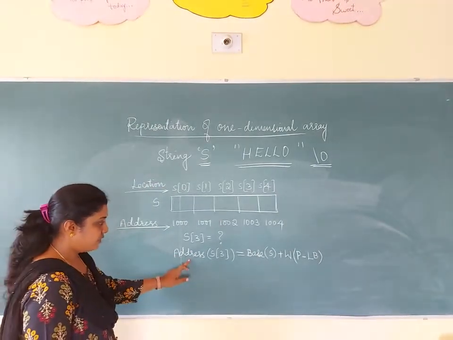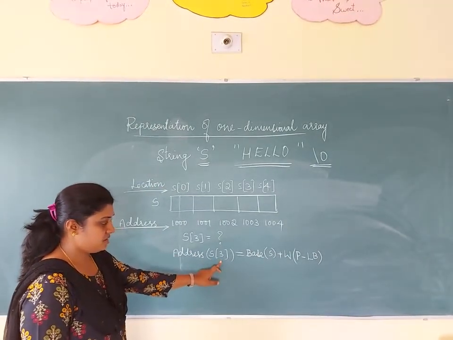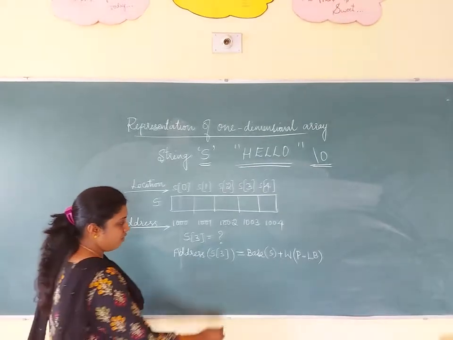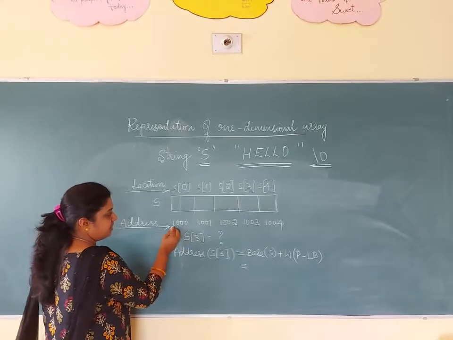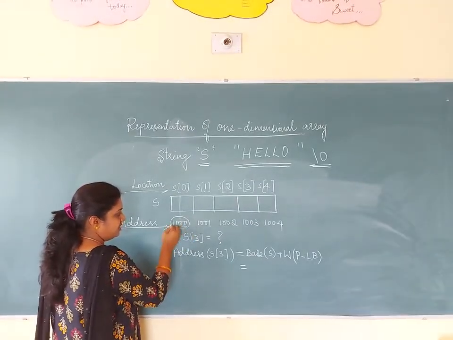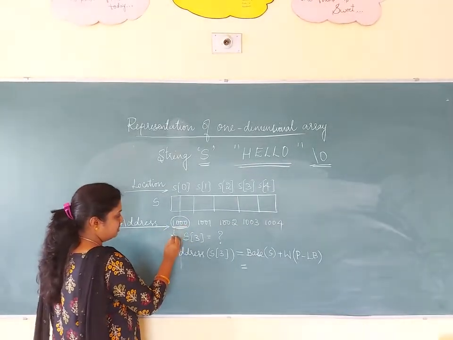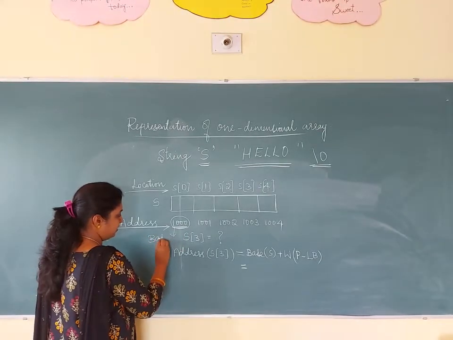Now you have to find the address of S of 3. So what is the base address of S? Base address means the beginning address. This is my beginning address, so this is my base address.